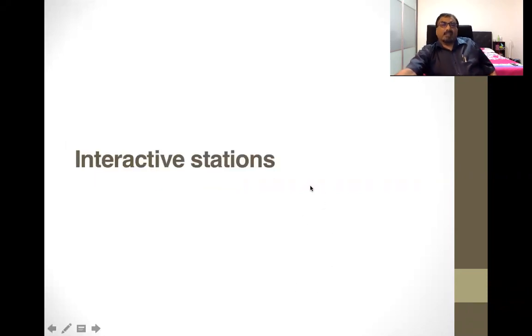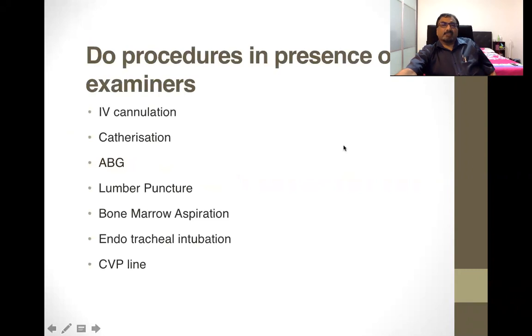So there is an interactive station in this particular part. You have to do some procedures in the presence of examiners. There are different procedures, like IV cannulation, maybe in the mannequin, or catheterization, again in the mannequin, or ABG. There would be a procedure which you have to describe.